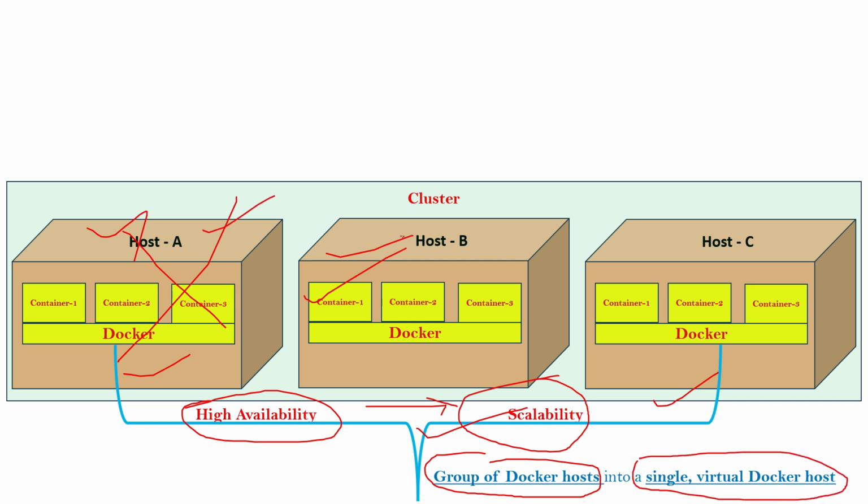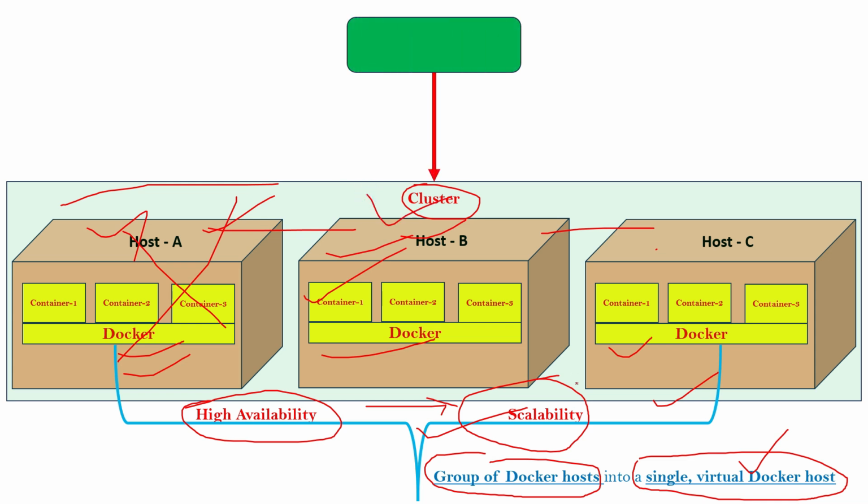So although they are separate machines and we have different Dockers running on each and every machine, in a cluster where we have the same kind of application deployed across all the containers, this acts as a single virtual Docker host. Just like we have installed it on a single machine, which is a virtual Docker host. Similarly, if you have multiple Docker hosts, Docker Swarm will make it a single virtual Docker host.